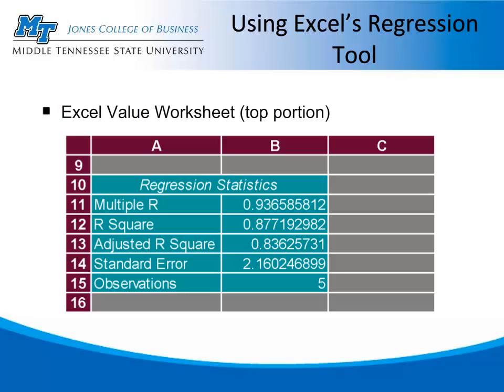The standard error of the estimate tells you that the typical error that you expect to make when you try to predict the dependent variable based on the independent variable is 2.16 units. And the units are whatever the units are on the dependent variable.